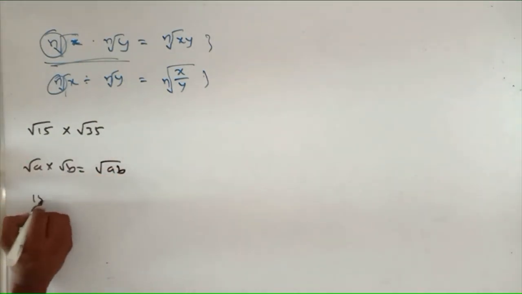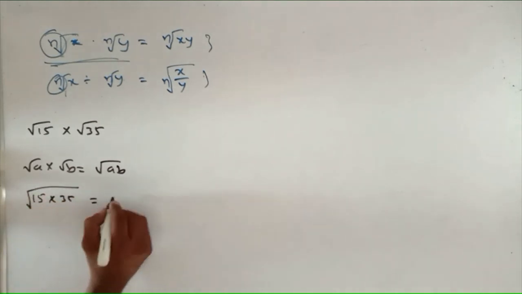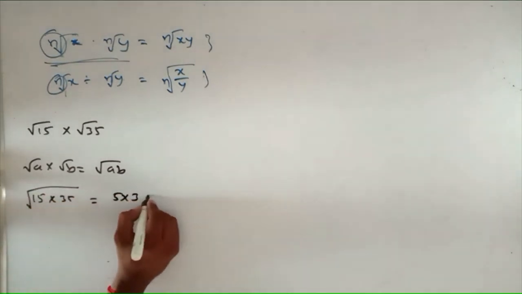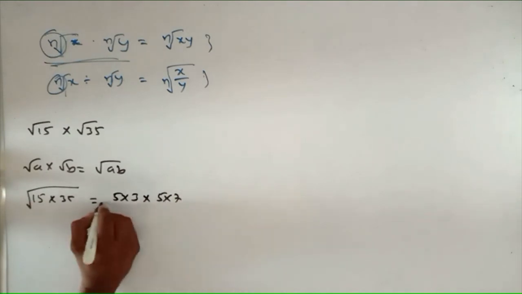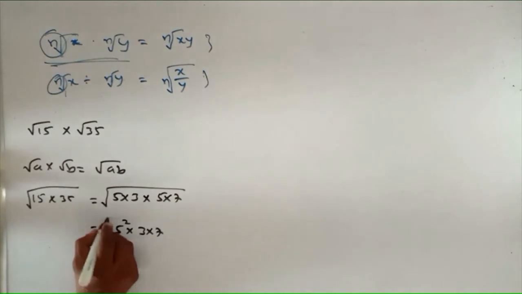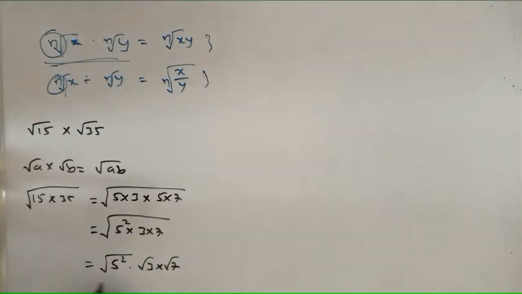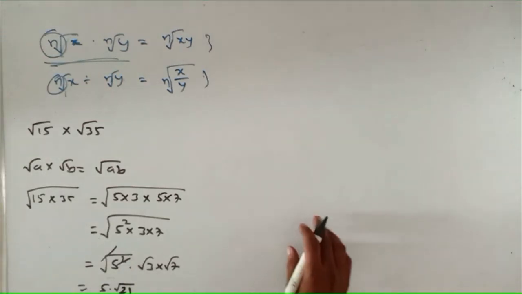So root 15 into root 35 is equal to the root of 5 into 3 into 5 into 7. Now that's equal to the root of 5 square into 3 into 7. So I am splitting this now: square root of 5 square into root 3 into root 7. So square root cancel. 5 into root 3 into root 7 is root 21. So the answer is 5 into root 21.